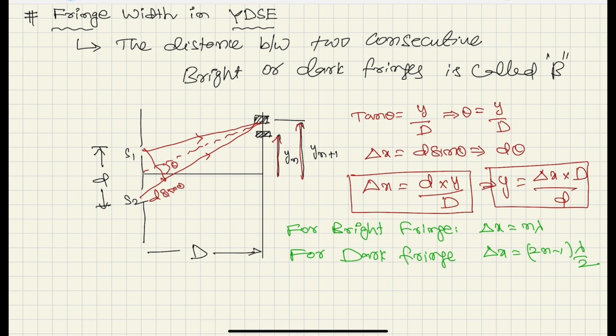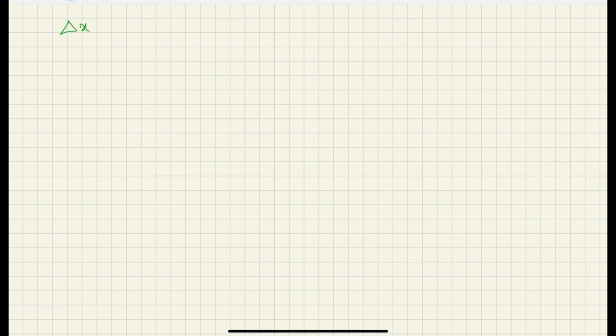For example, take the first condition. Y is this. Delta x is equal to n lambda, for the bright fringe.